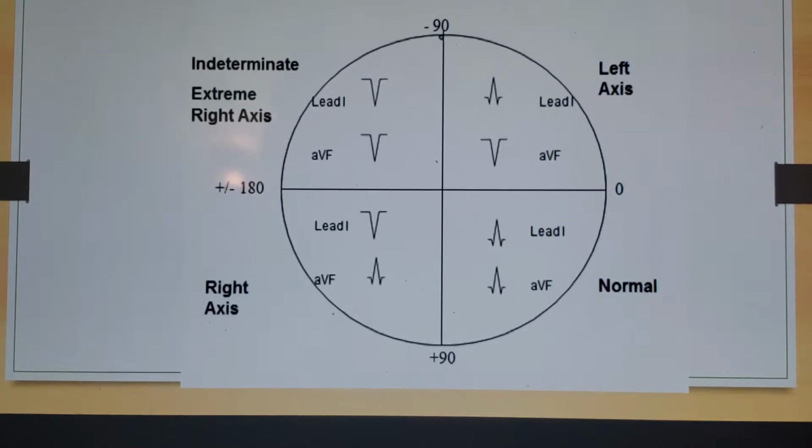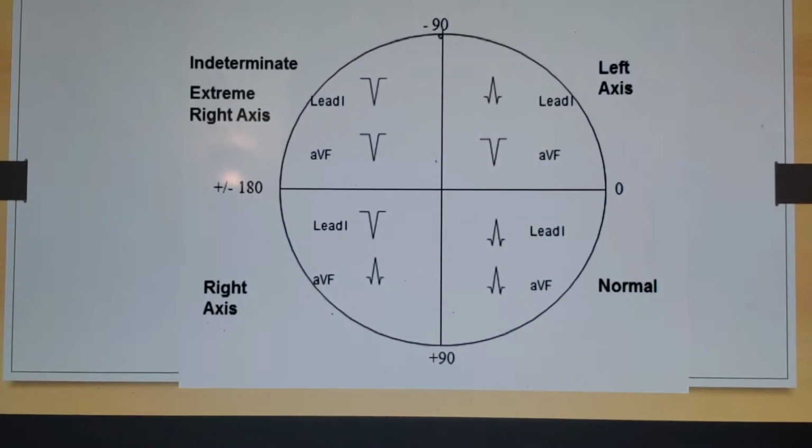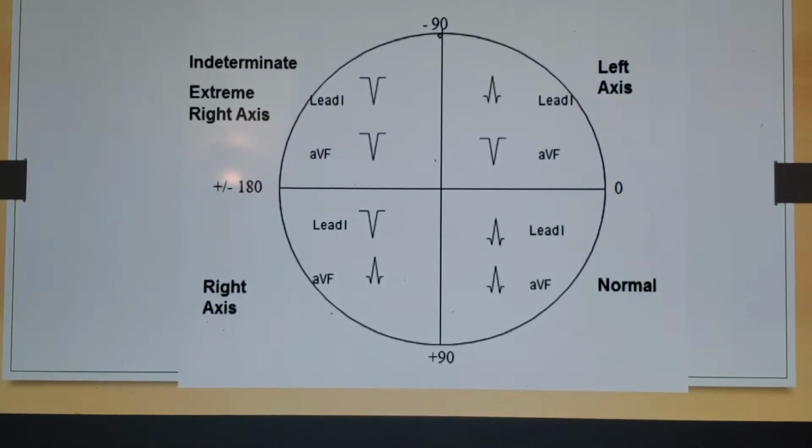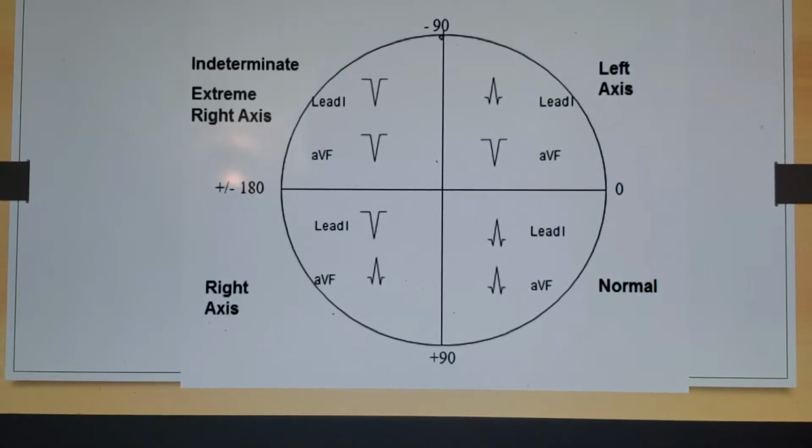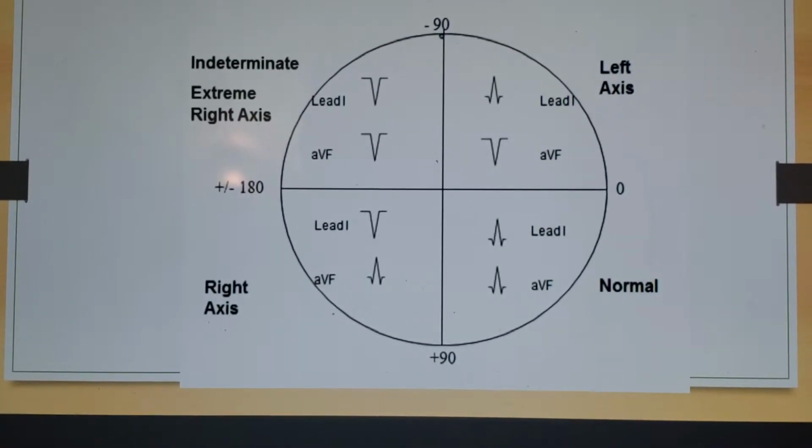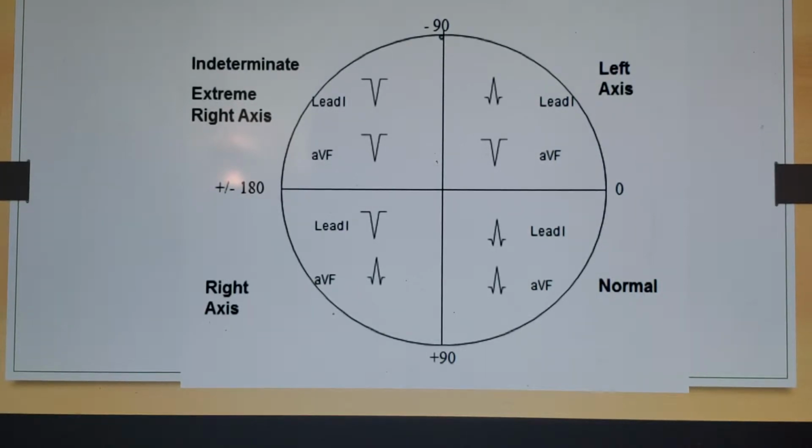And so basically this is how you tell it. So you look at lead 1 and lead AVF, okay? Your normal axis, the QRS will be upright in lead 1 and in AVF. That's a normal axis. In left axis deviation, they'll point away from each other. Lead 1 will have an upward facing QRS and a downward facing AVF.